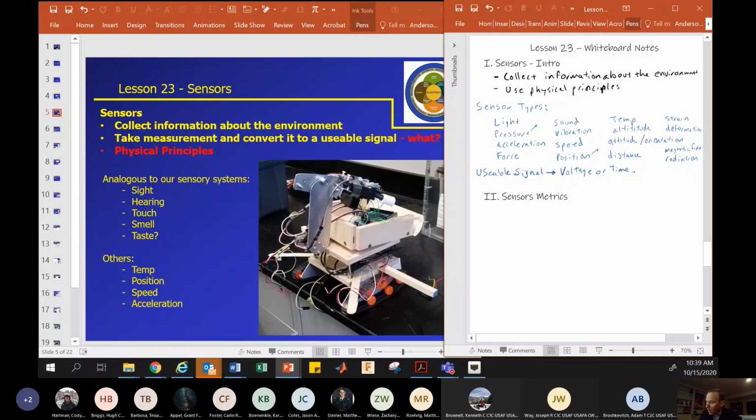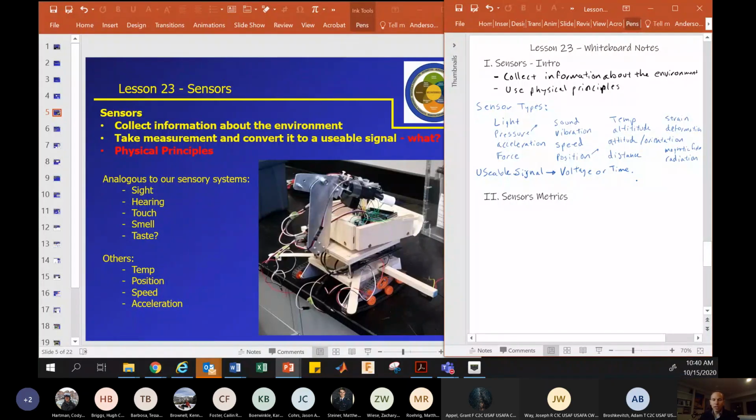How do we measure time with our microcontroller? Charging and discharging of a capacitor. Well, that's the one way we did it in the lab, but we can time the time between state changes at a pin.